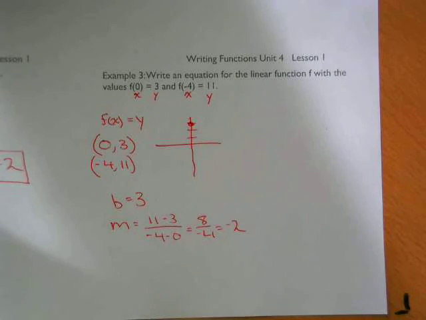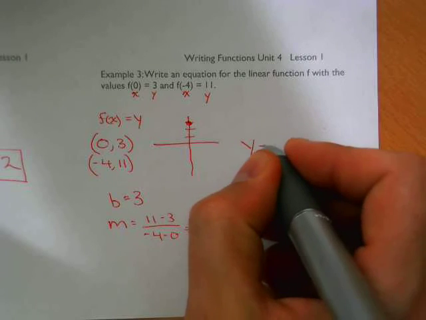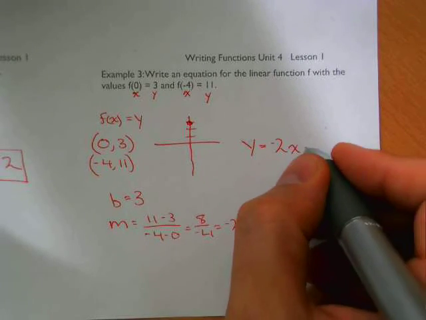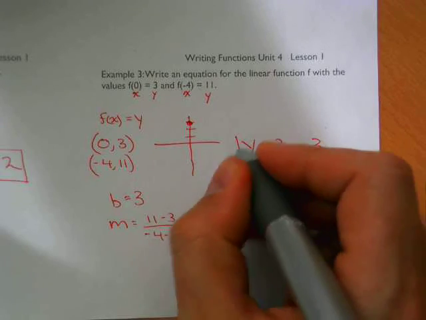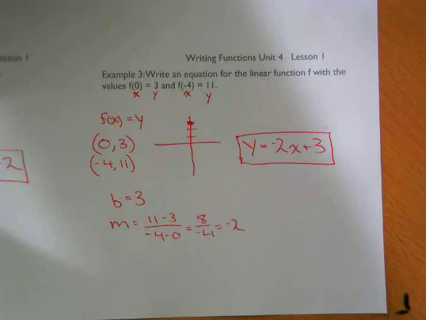To put this all together in my function, I'm just going to say y equals negative 2 times x plus 3, and that would be the function for these two coordinates given in function notation.